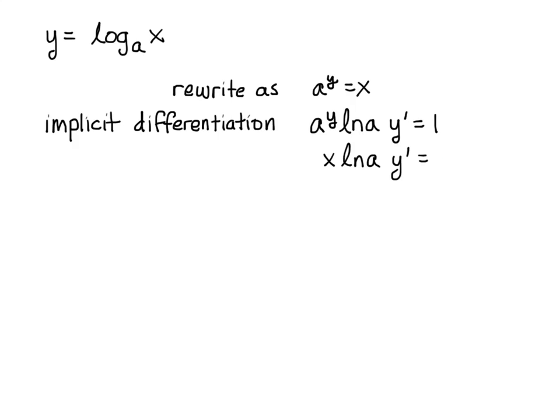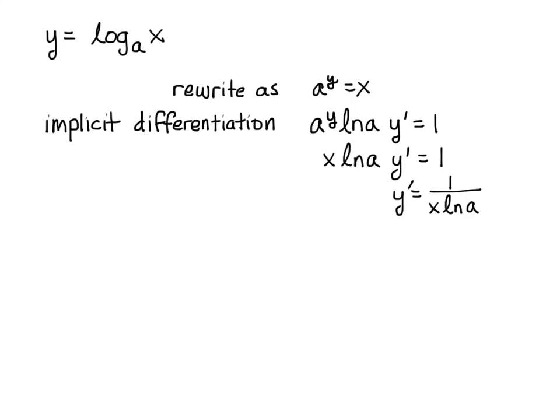Now the next thing we're going to notice is that a to the y equals x. So I can substitute that a to the y back as x, and now I'm going to solve for y prime. And I forgot to put my little prime there, so I'll add that right now. Okay, so there's your derivative of y equals the log base a of x. The derivative is going to be y prime equals 1 over x ln a.